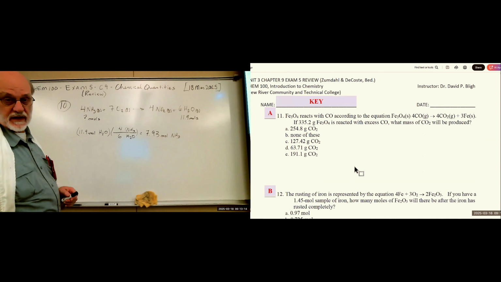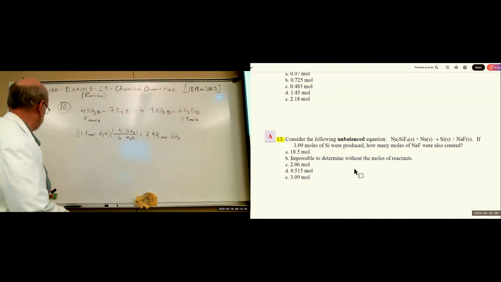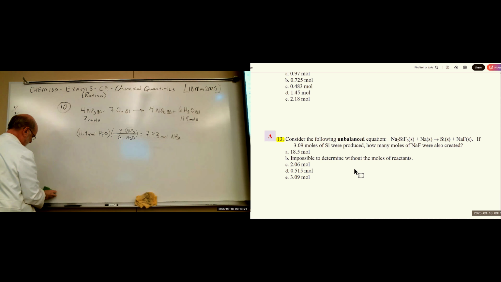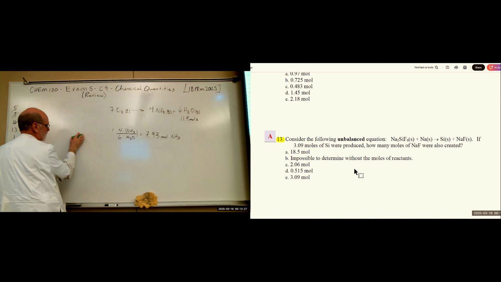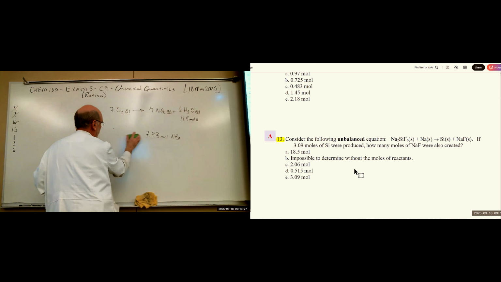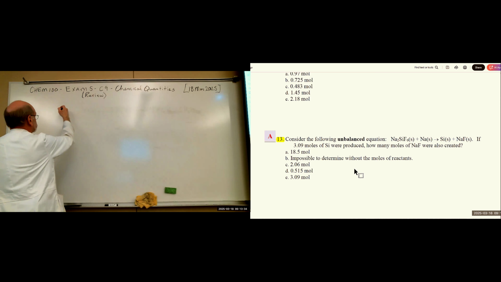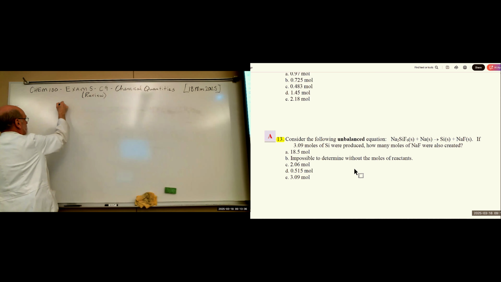All right, 10-13 coming up. Okay, here's the complication for this one. We're given the reactants and products, but the equation's not balanced. So that's the first thing we have to do.